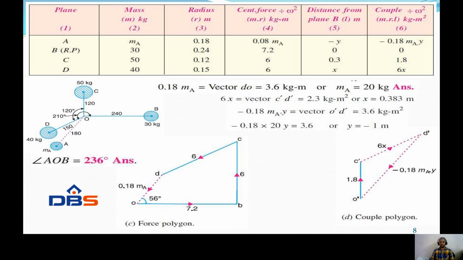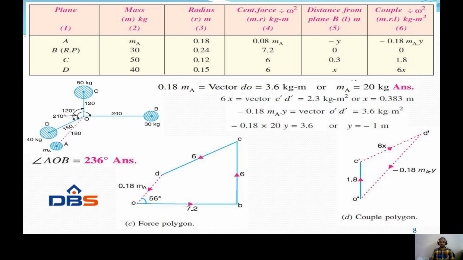Then coming to the vector diagram, we copy the same thing with the angle, that is 6x. 6x is equal to, so how to construct this? We already know the angular position of this mass A is 56 degrees. So with the 56 degrees in the couple polygon, draw a line.